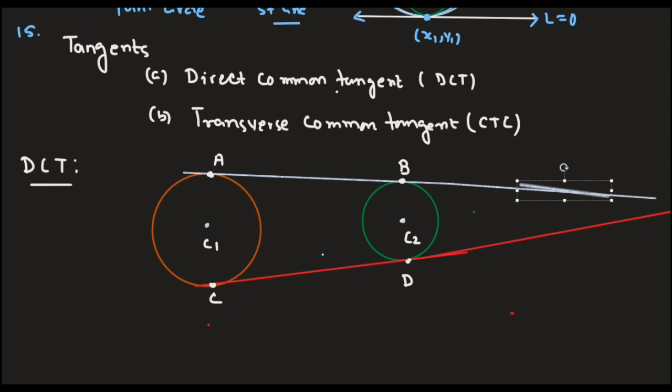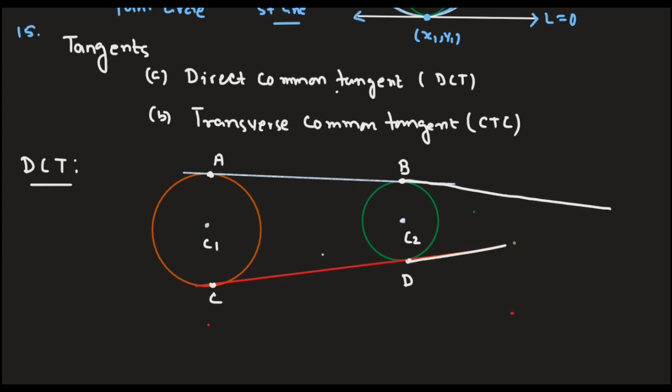What I do, first of all, I rub this one, and rub this part also. Now I want to show you what will happen if they intersect at some point. With the hand I am going to draw, so that it will look like this.